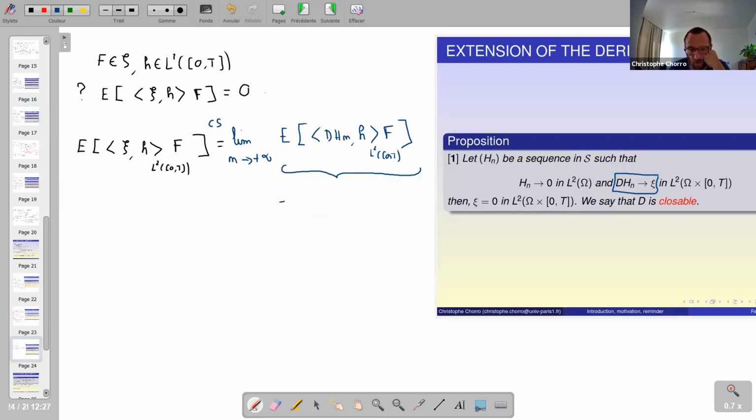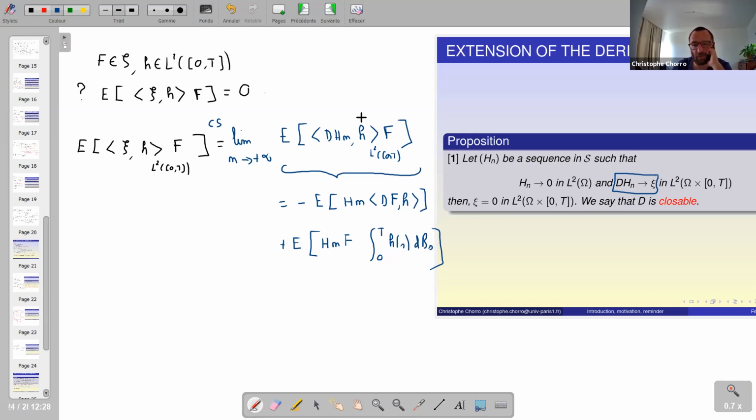If I apply the corollary one, I obtain for this one minus the expectation of Hn D of F H plus the expectation of Hn times F integral between 0 and capital T of H of S dWs.